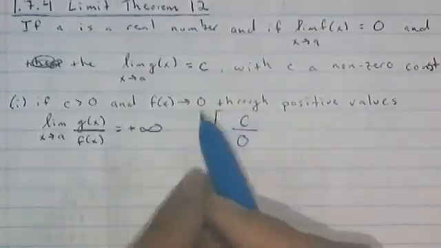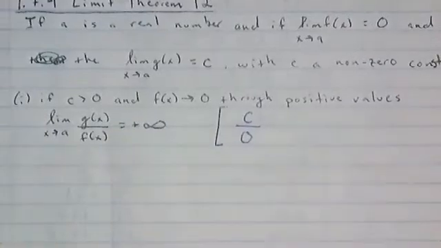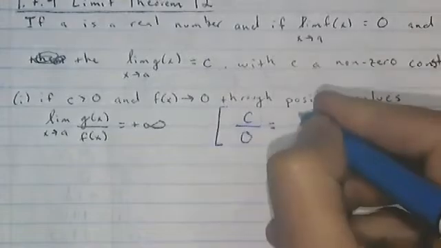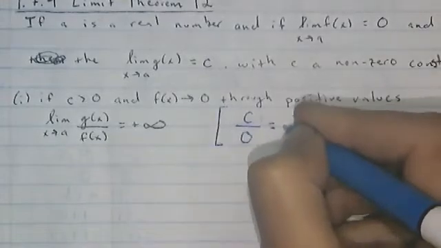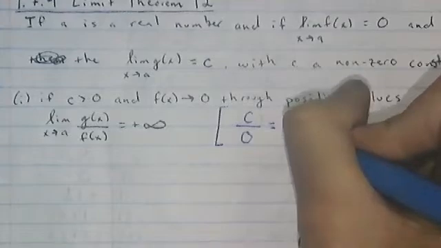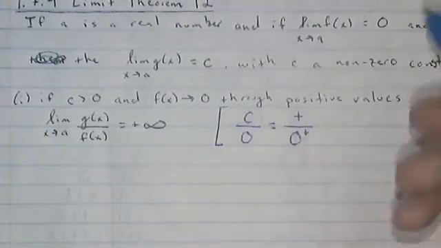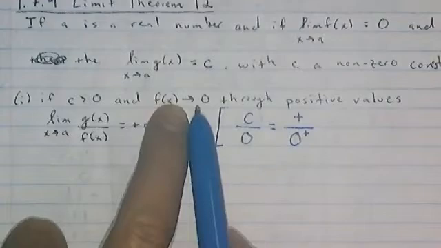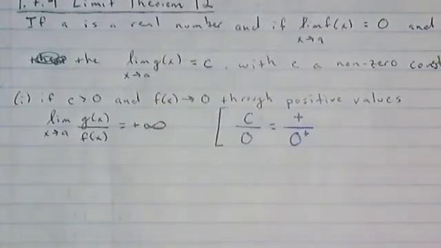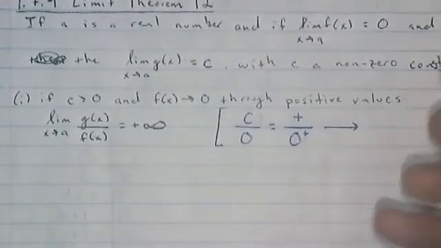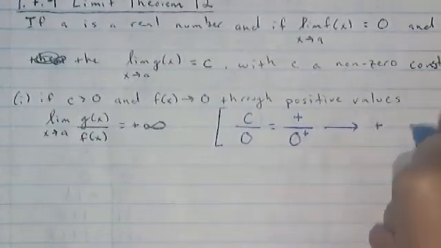But we're like, well, what type of infinite limit is this? Well, by doing a little detective work and discovering that C is a positive constant and that we are approaching this 0 from positive values, we conclude, oh, positive divided by positive, we are increasing without bound.